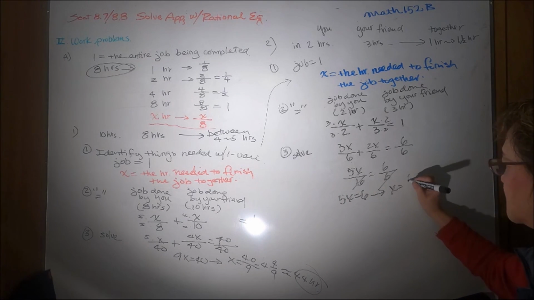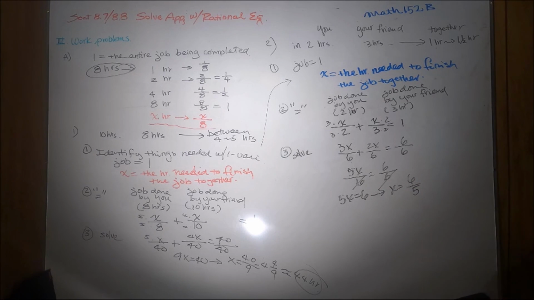Then x is what? 6 over 5. We use a decimal here, so it's easier to connect, right? So it's what? 1.2 hours for both of you to do it together. So it's between an hour and an hour and a half, right?